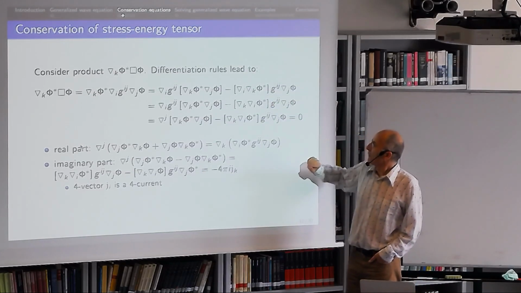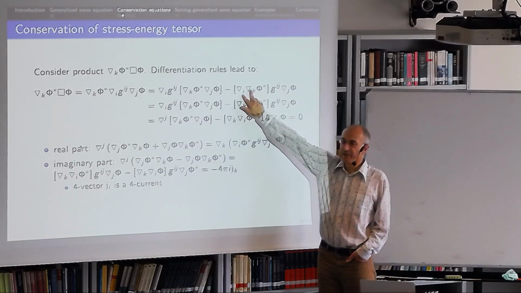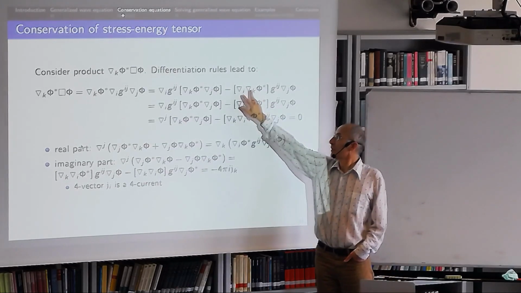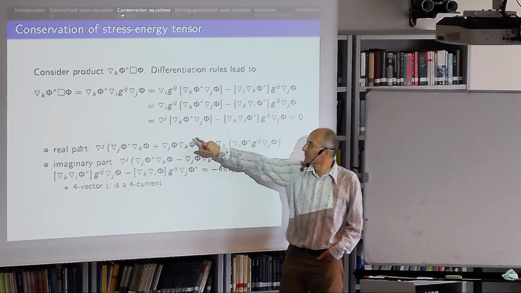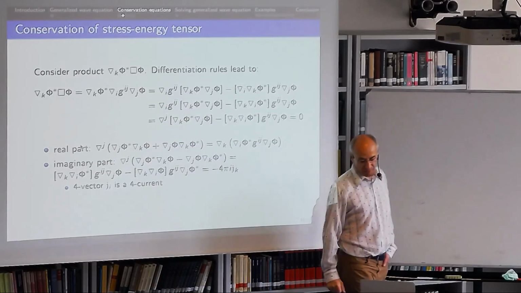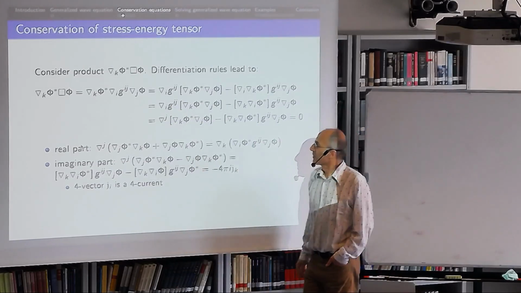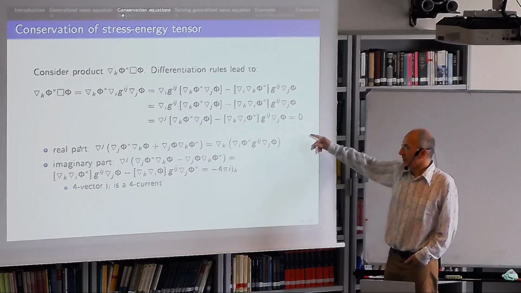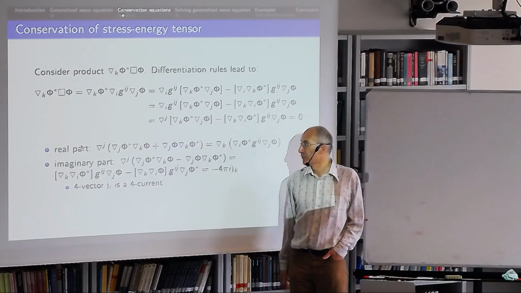The only thing you have to notice is that here we have used the fact that you can invert or change the order of the covariant derivative. And here we have used the definition of the contravariant derivatives. So that's explaining this term. And then when we apply that, we can also look at a real part and imaginary part.